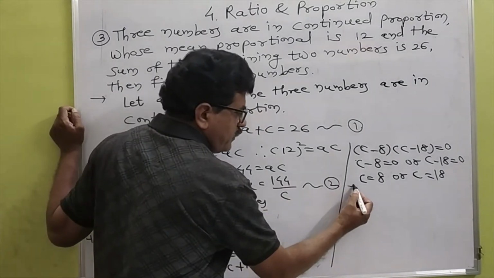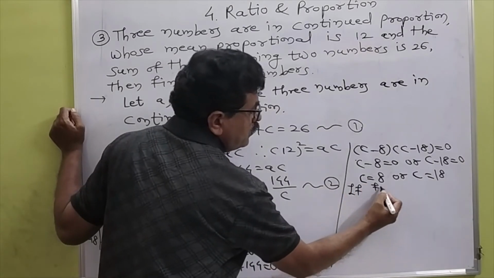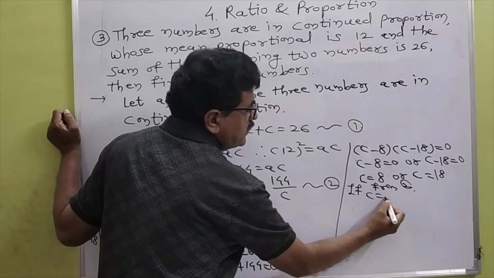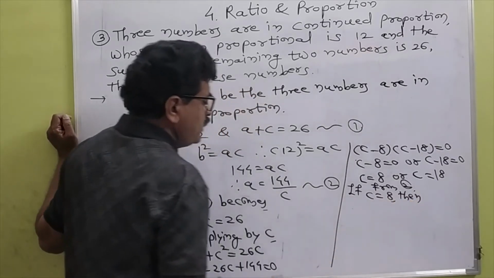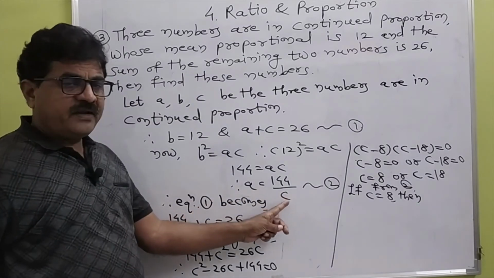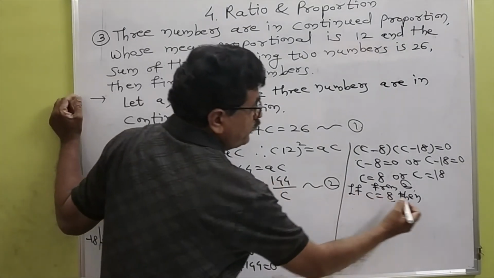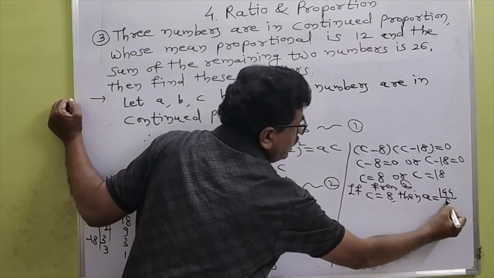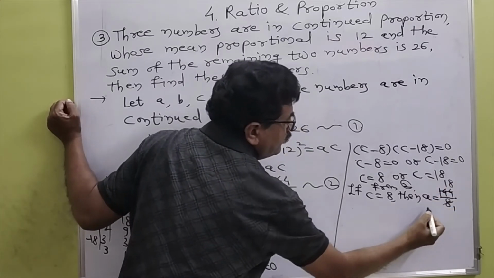Now from equation 2, if c is equal to 8, put value of c is 8, a is equal to 144 upon 8, dividing by 8, 18.